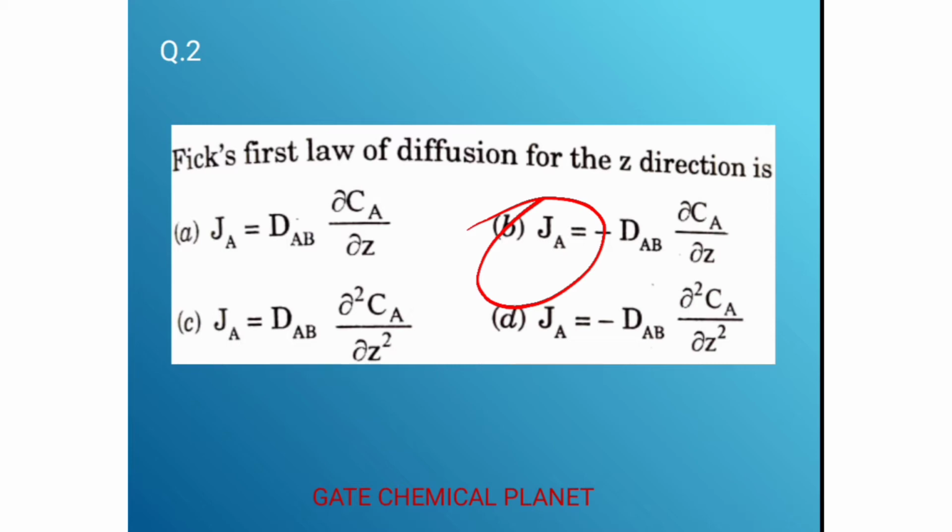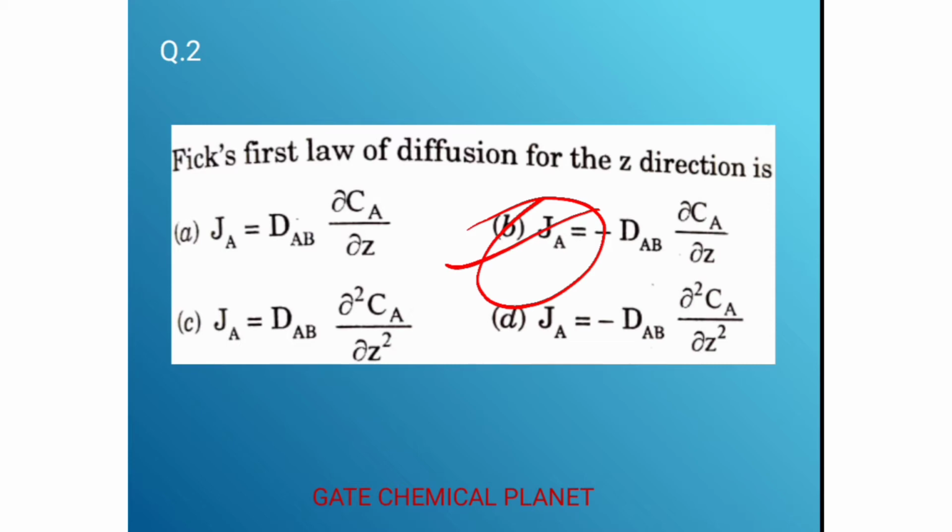So this equation is the correct equation for Fick's first law of diffusion in the Z direction. So why is the negative sign used here? The negative sign is used because the diffusion occurs in the direction of decreasing concentration, and it is incorporated in the equation to make it consistent with respect to sign.